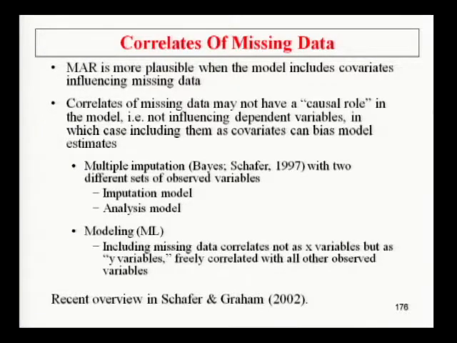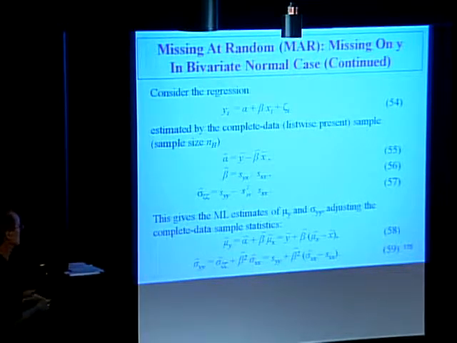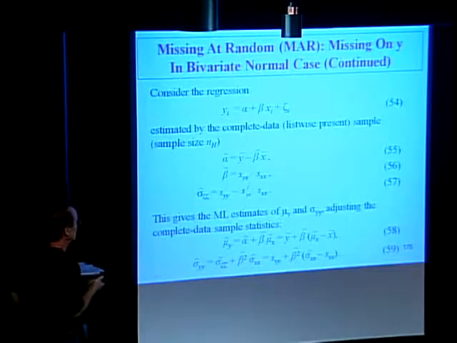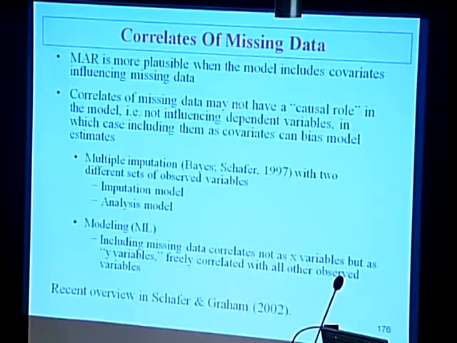Now, there's always a part of the missingness prediction that's due to unobserved covariates. We can't get them all, but the more important covariates we get, the better. However, some of these covariates may have no substantive role in the model. Some of these covariates may not be important for the growth factors, for instance, but only for the missingness. So we say then that correlates of missingness, correlates of missing data, may not have a causal role in the model.